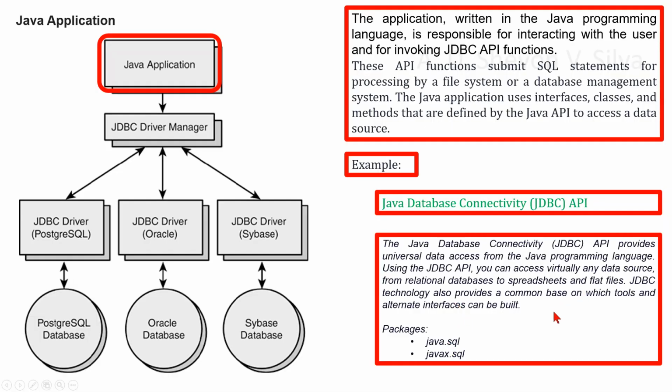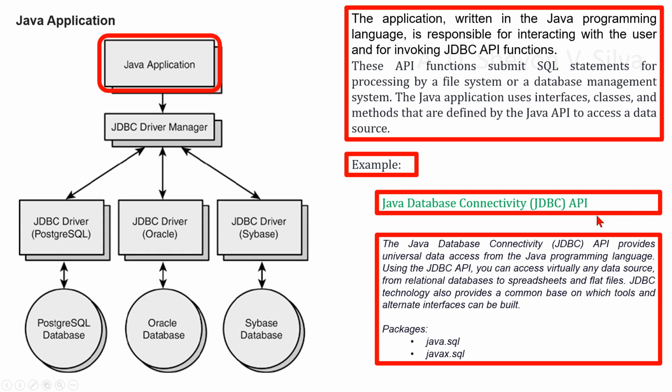As an example, we can consider here Java Database Connectivity, the JDBC API. The Java Database Connectivity JDBC API provides universal data access from the Java programming language.